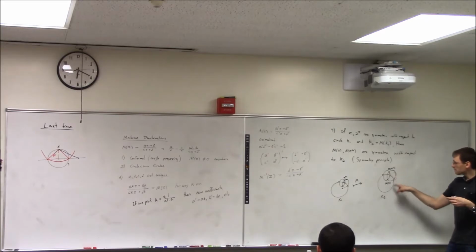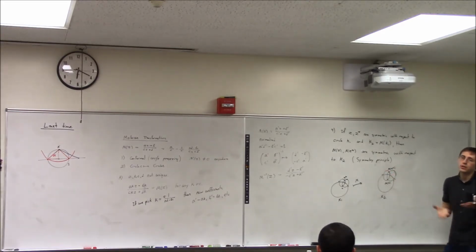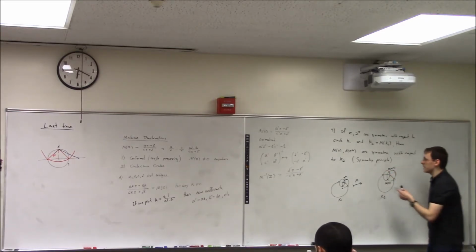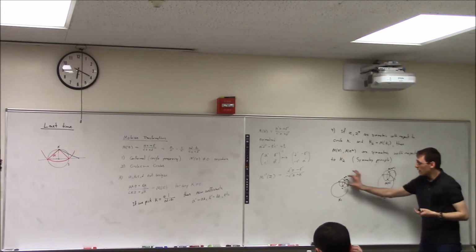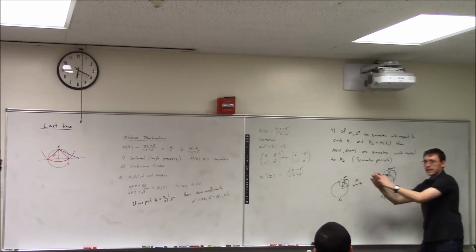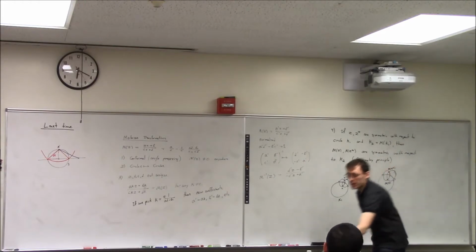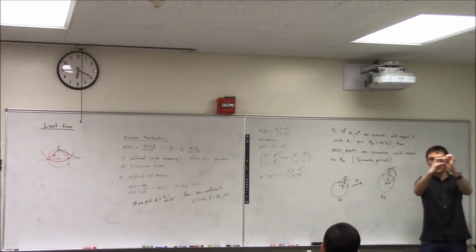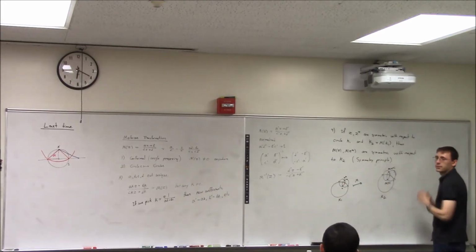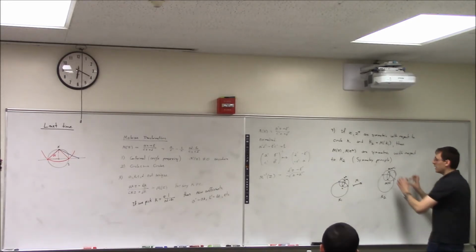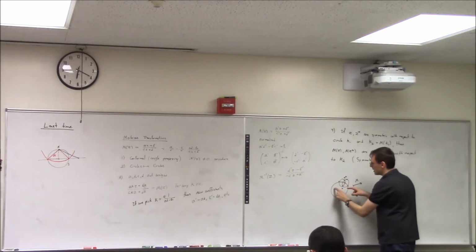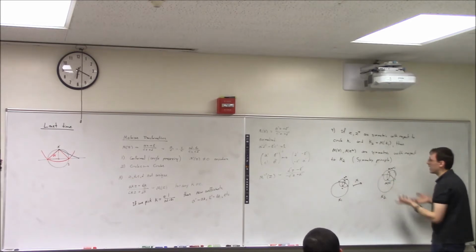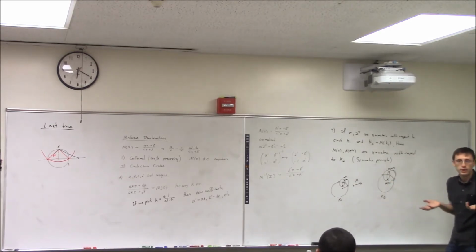So each of those circles might potentially be mapped to a straight line. But the point is that the angles will be preserved. Those two circles are intersecting, and the map M is one-to-one, so it will take the picture of two intersecting circles and map it to another picture of two intersecting circles. And since they had a 90-degree angle with respect to K1, they now have to have a 90-degree angle with respect to K2.